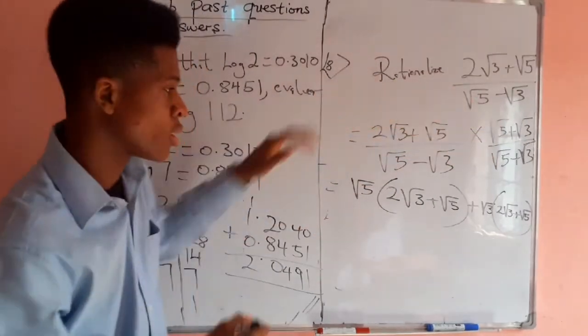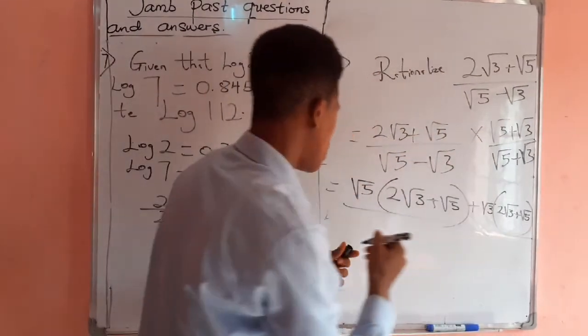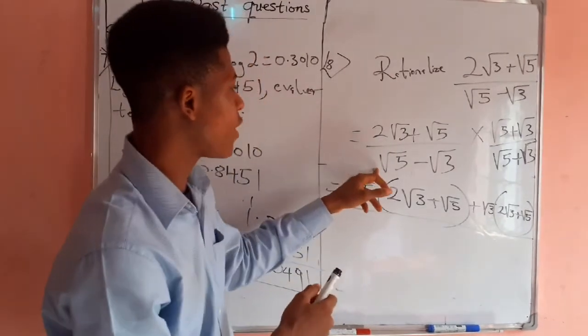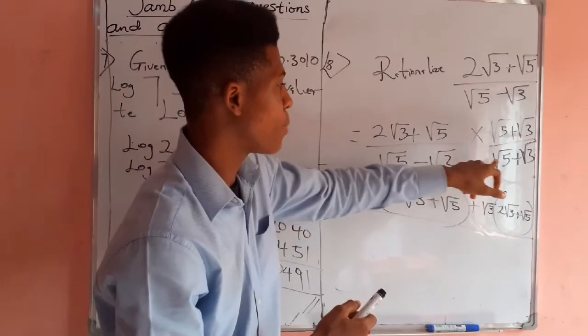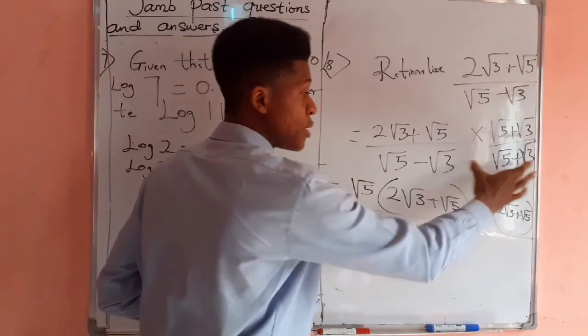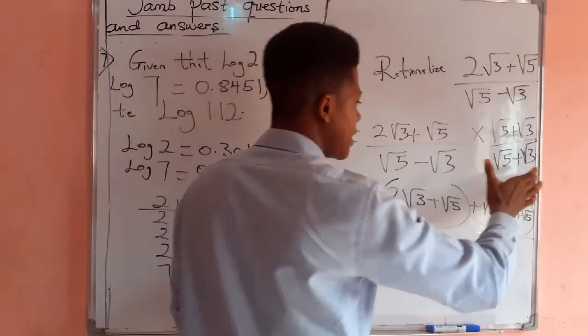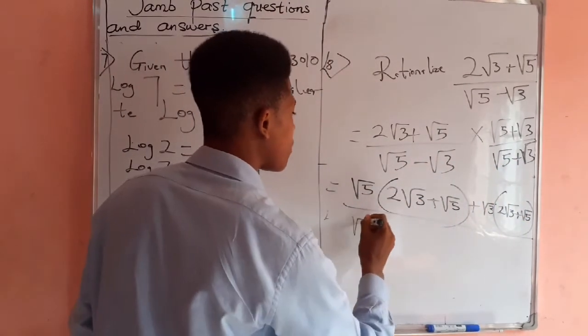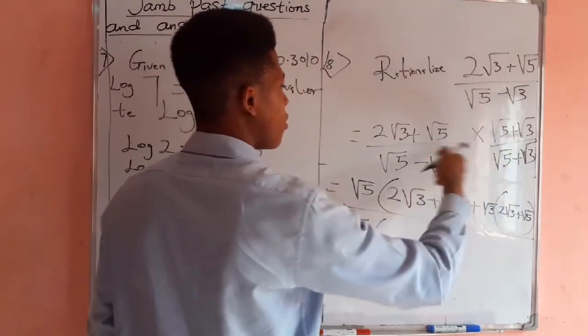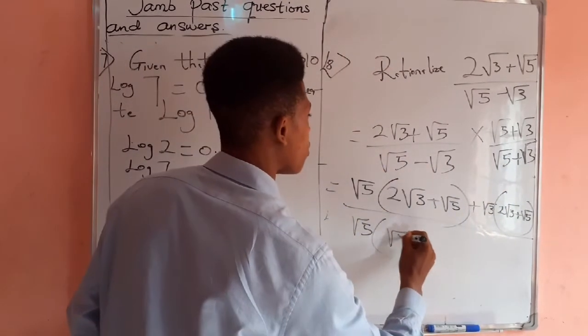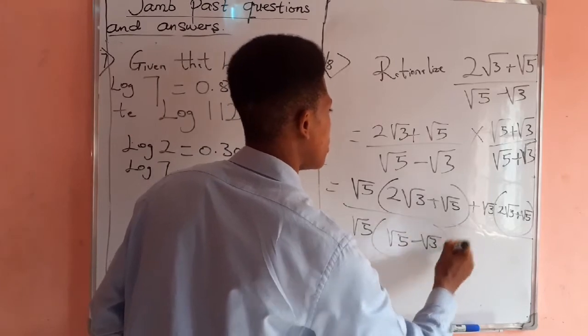So we are through with this side. Let's go over to what is below. Root 5 minus root 3 multiplies this. Like I said, this multiplies this. So root 5 still multiplies root 5 minus root 3.